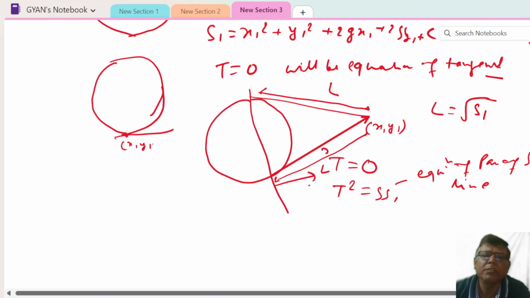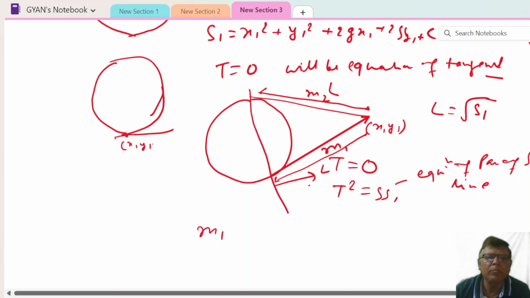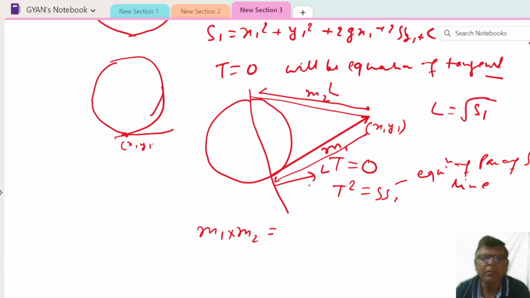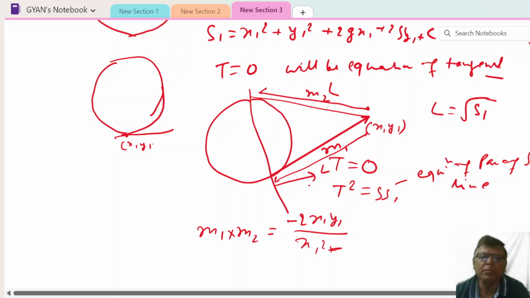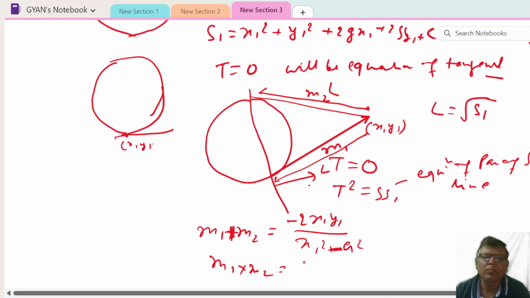This slope is m1 and this slope is m2. Then m1 plus m2 is equal to 2x1 y1 divided by x1 square minus a square, and m1 into m2 is equal to y1 square minus a square divided by x1 square minus a square.